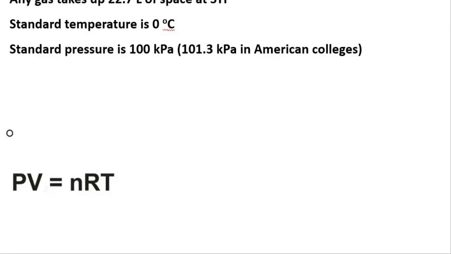If you use R as 8.31, it has units of kilopascals, liters, moles, and Kelvin. So if R equals 8.31, and that means it's kilopascals liters per mole Kelvin, that means the temperature has to be Kelvin, but whenever we use temperature, it has to be Kelvin anyway.